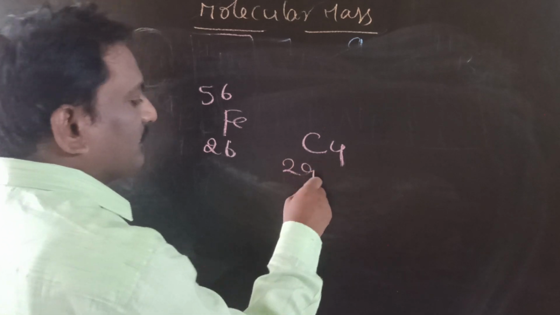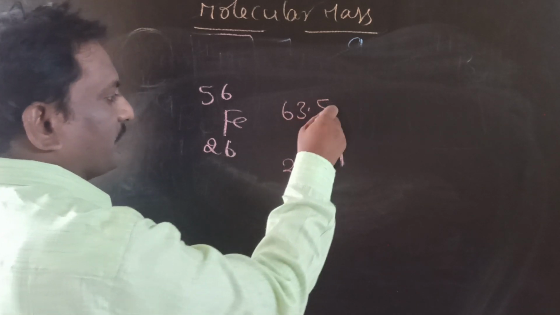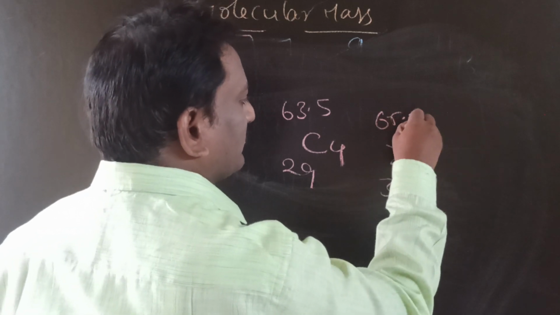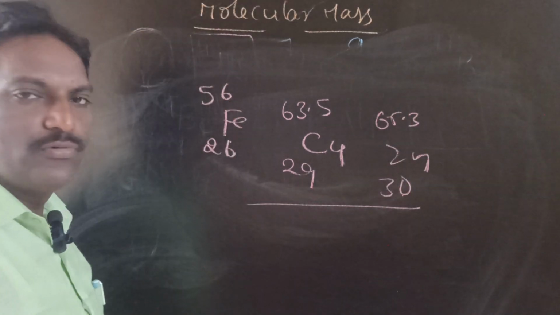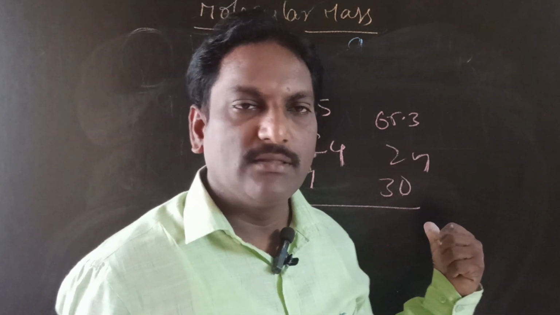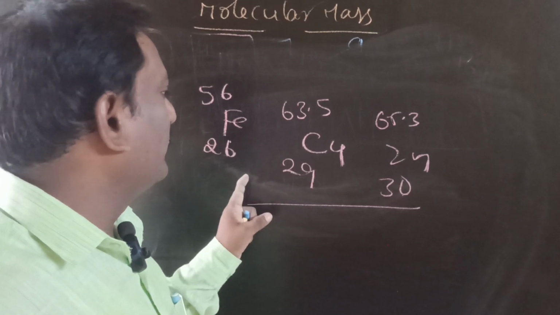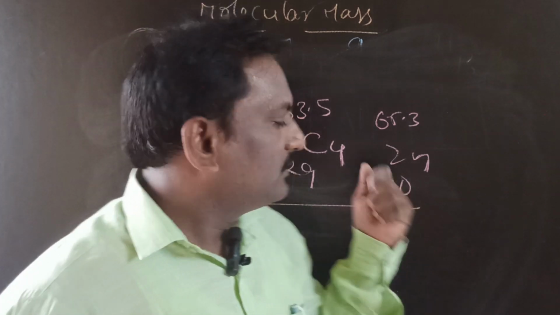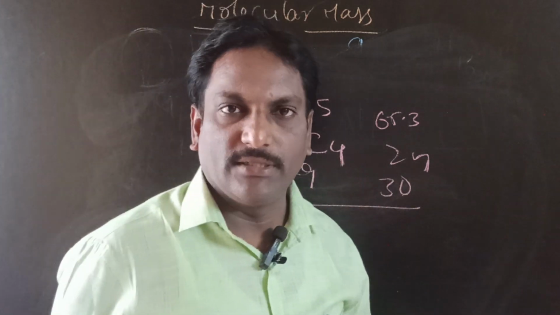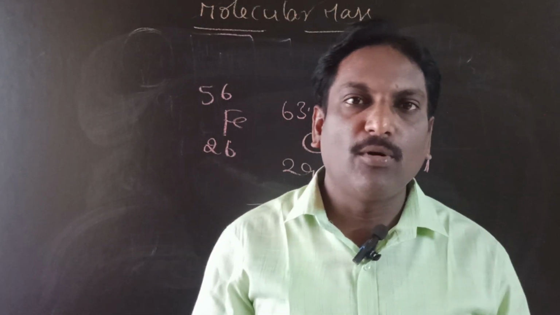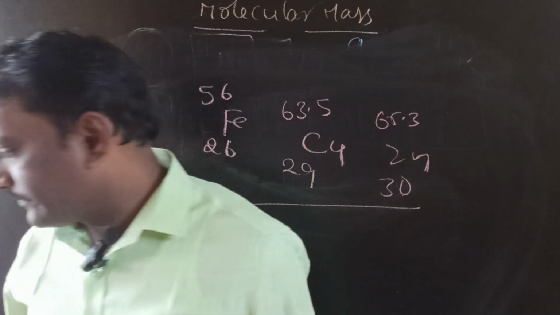Copper 29, 63.5. Zinc 30, 65.3. So iron, copper and zinc are the very important elements from 21 to 30. Is it clear?